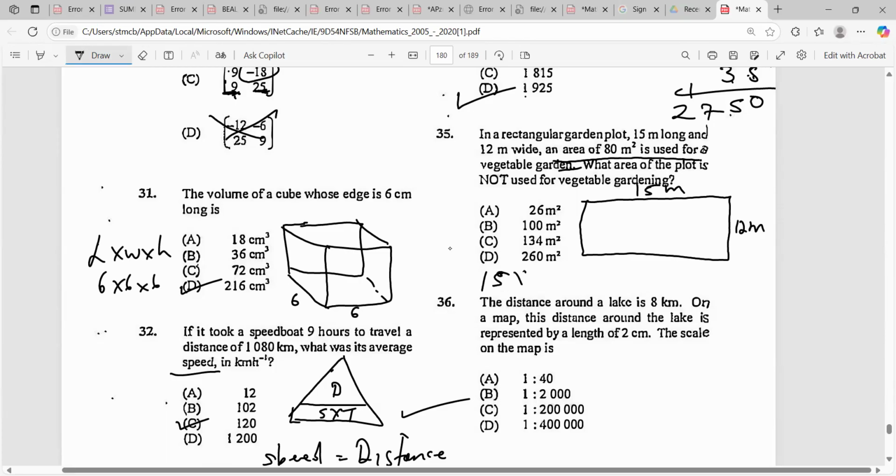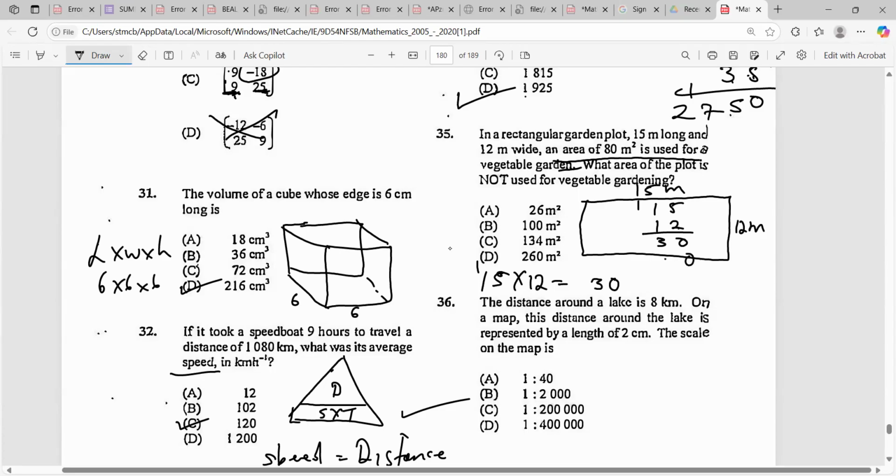So it's 15 times 12 to get the area for the entire thing. 2 times 5 is 10, 2 times 1 is 2 and 3, so 150.